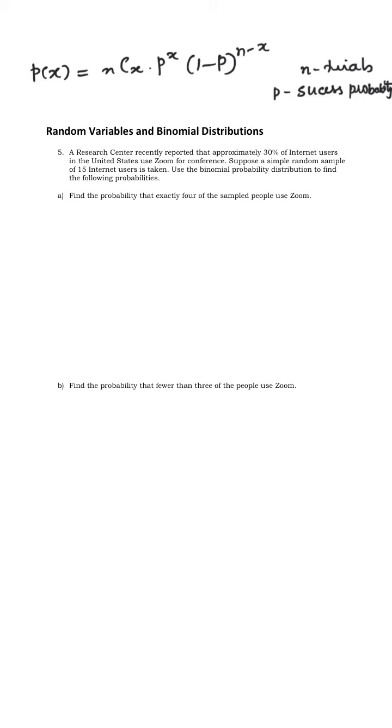In this example, 30% of internet users use Zoom for conferences, which means probability of success is 0.3. 30% means 0.3.